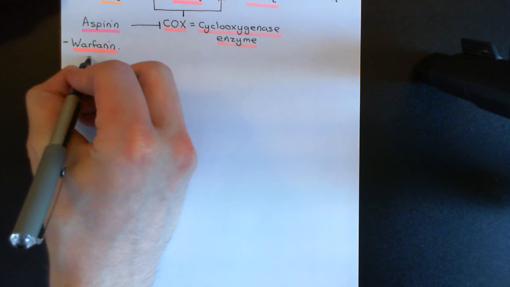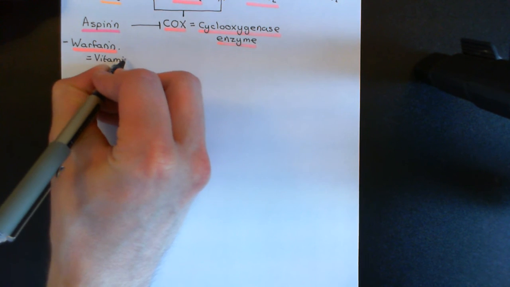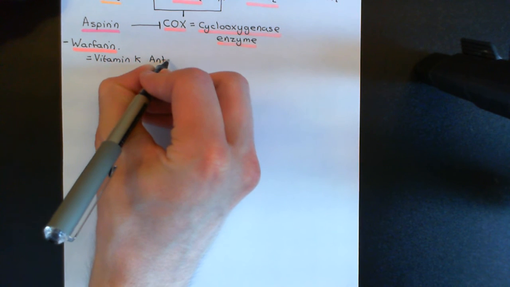So let's go over now how warfarin prevents coagulation from occurring. It's an extremely powerful anticoagulant. Warfarin is described as a vitamin K antagonist. This is something we also discuss in the video on hemostasis.